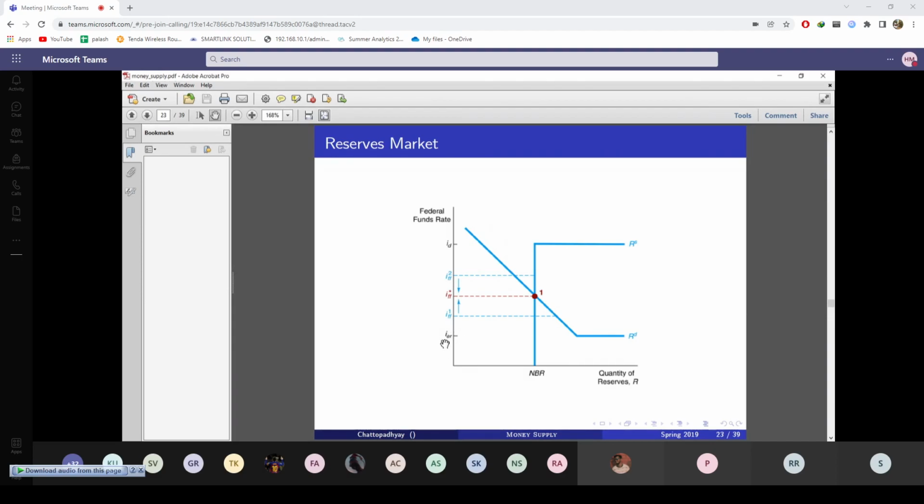The term written over here, IER, is the interest rate on excess reserves. That means, suppose the central bank says that you have to keep, let's say, 50% of your deposits as reserves, and if you keep more than 50%, which is these excess reserves, the central bank is going to give you interest, IER, on that.